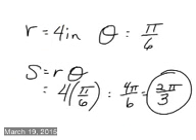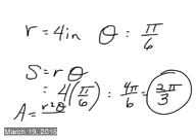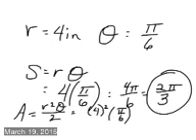Okay. Then as far as the area of it, I've got r squared theta divided by 2. So I got 4 squared times pi over 6, all divided by 2. What's 4 squared? 16.